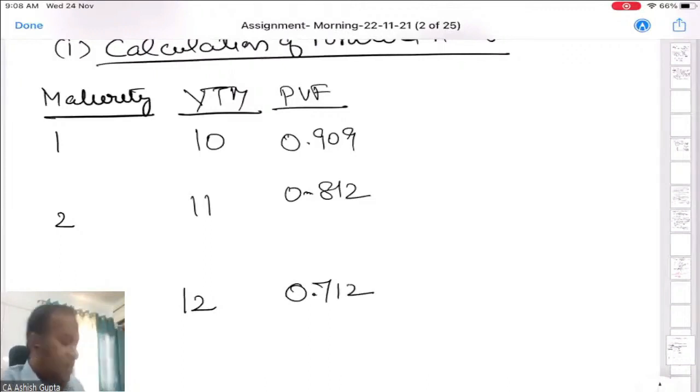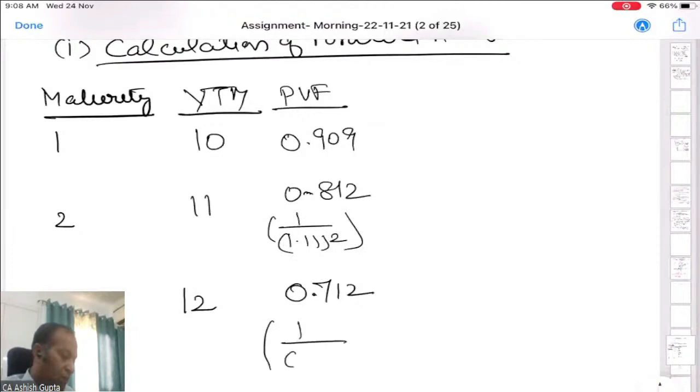Now here, this present value factor is basically 1 divided by 1.11 raised to power 2. I'm just writing here for your understanding, and you know to write in your examination.